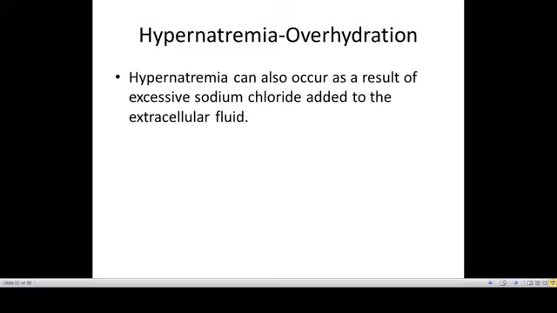Hypernatremia can also occur as a result of excessive sodium chloride added to the extracellular fluid, and this results in hypernatremia of the overhydration type.